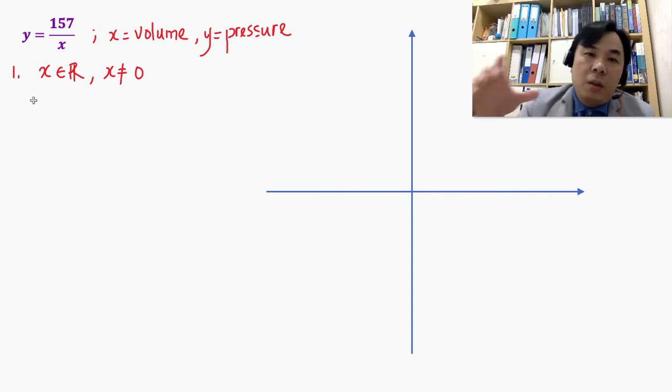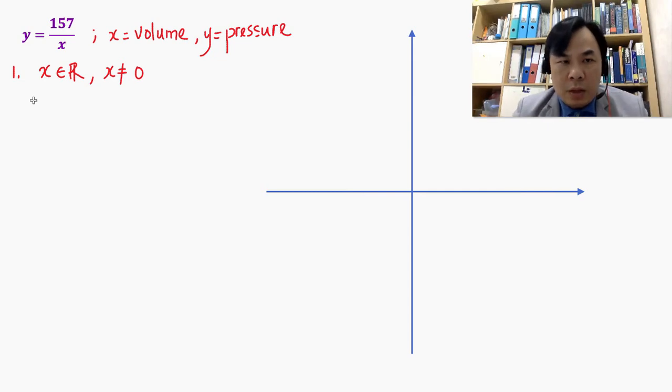Later on, we're going to revisit these domain sections where we're going to link this domain back to reality. At this point of time, we are just going to focus on the mathematics itself. That's the reason why we assume we are going to take all the real values for our volume here. So this is our first assumption, just for the purpose of sketching the graph.